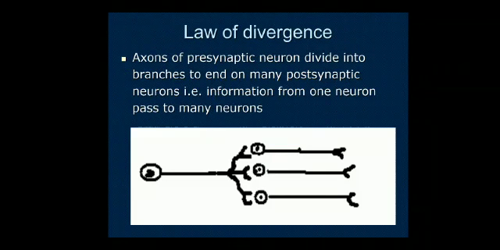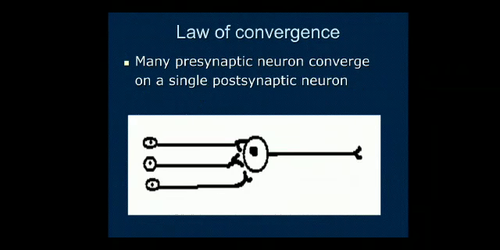Axons of a presynaptic neuron may divide and form synapses with more than one neuron. That is called the law of divergence. So the information can be multiplied because of the law of divergence. Whereas in the law of convergence, many presynaptic neurons can form synapses with one postsynaptic neuron.